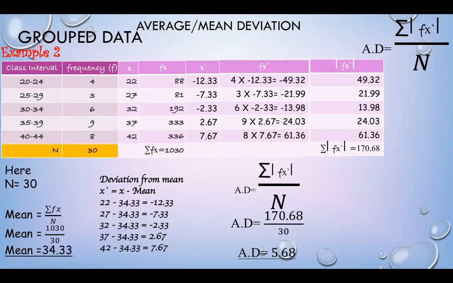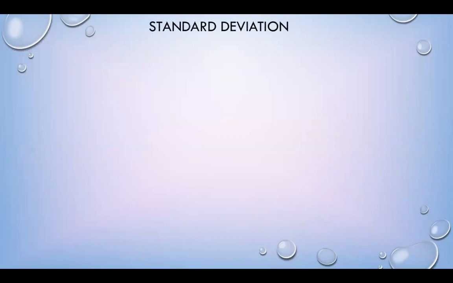Okay, understood. Then after that we have one more measure of variability, that is standard deviation. Standard deviation is the only measure of variability which we use for further calculations. It is regarded as the most stable of the measures of variability.